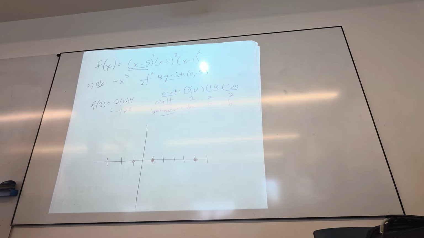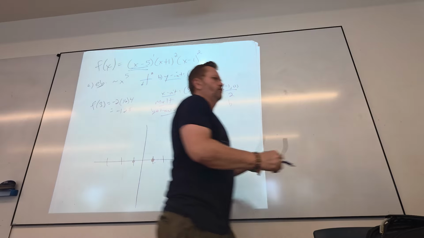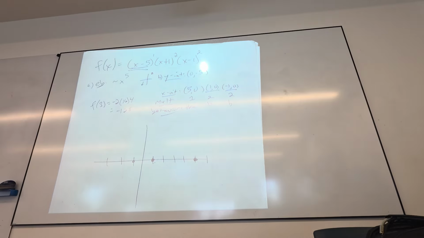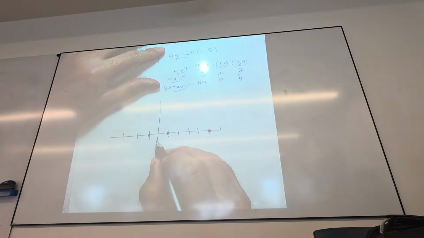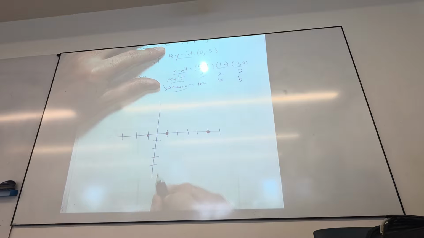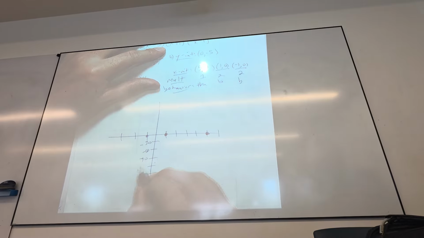I want a little more detail. 20s, that's right. 30s would be good, right? Yeah. Let's do 30s. 30, 60, 90, 120, 150.